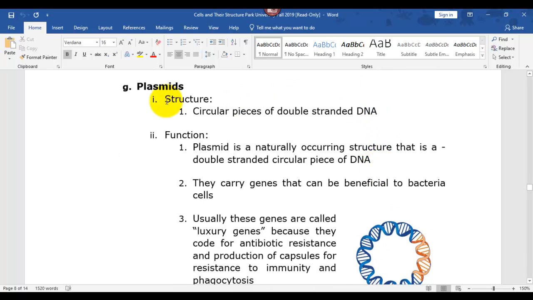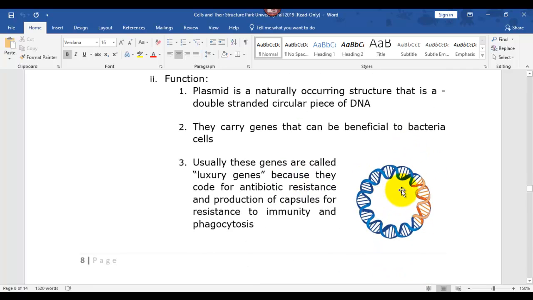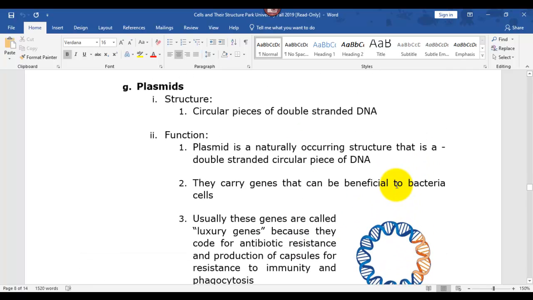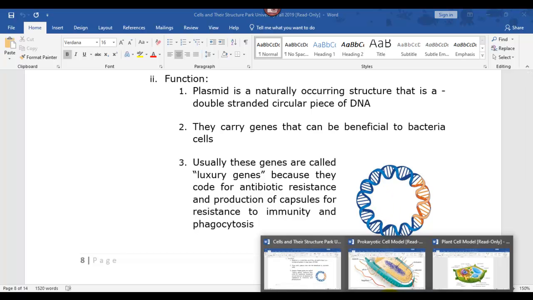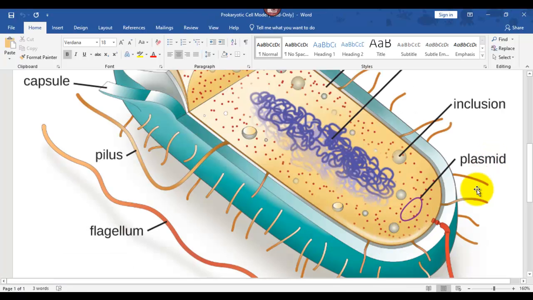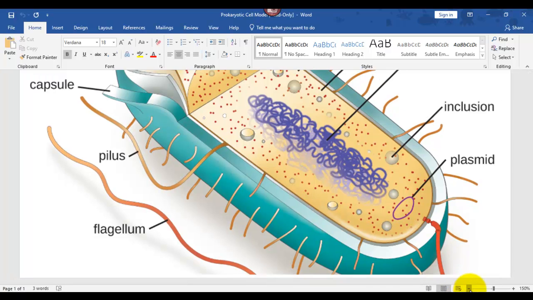Another unique thing, plasmids. This is what one looks like. It's a ring of double-stranded DNA, and they usually carry what are called luxury genes. These are things that can be exchanged between cells. Once again, human beings can't do that. There's a plasmid in this picture. Let me back up a little more.